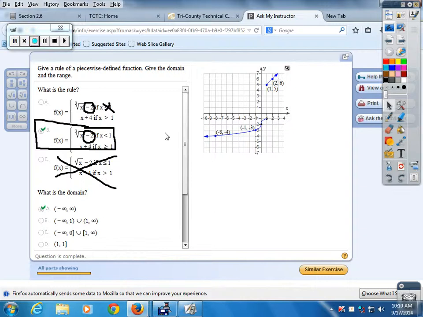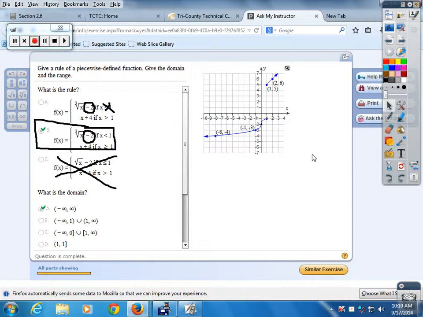So your x values are all real numbers, negative infinity to positive infinity. The range, negative infinity to negative 1, parenthesis. And then from 5 to what? 5 to infinity. And 5 would get a bracket, negative 1 would get a parenthesis.